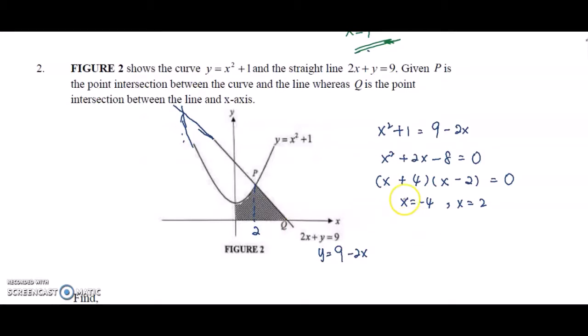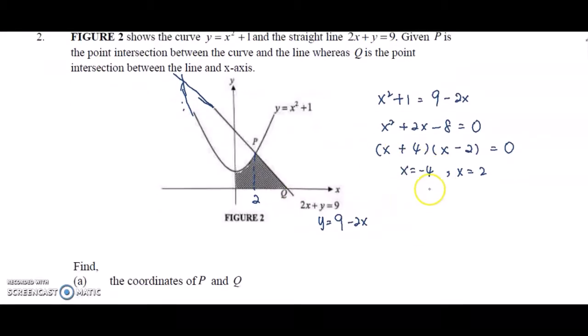So we can say that the coordinate of P has x coordinate 2, and to get the y coordinate, we just substitute x equals 2 into the straight line equation or the quadratic equation, it is up to you. You have 9 minus 4 equals 5, meaning that point P has coordinates (2, 5).